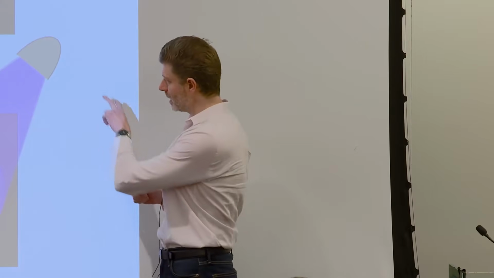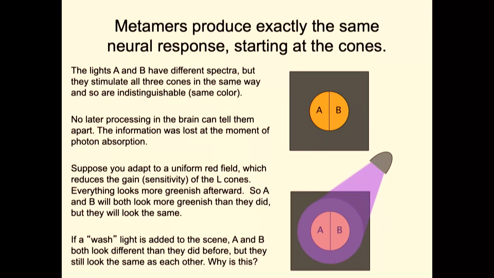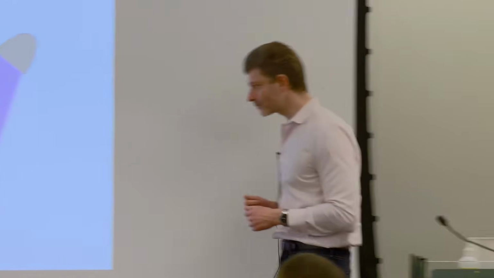Okay. Here's another puzzle. So imagine we have lights A and B and then we introduce a wash light. Okay? So this is like a separate light that gets added and is shown on the entire circle. Okay, so you can think of that as like adding some additional light to both A and B. Okay.